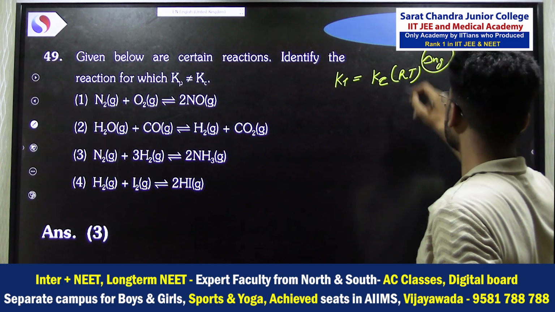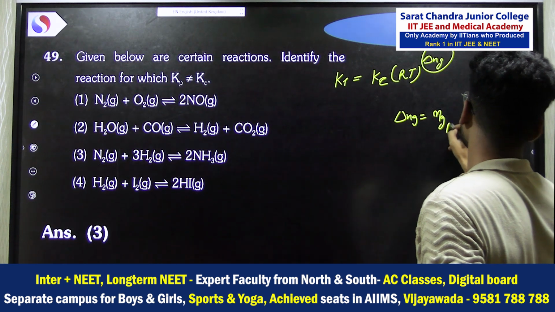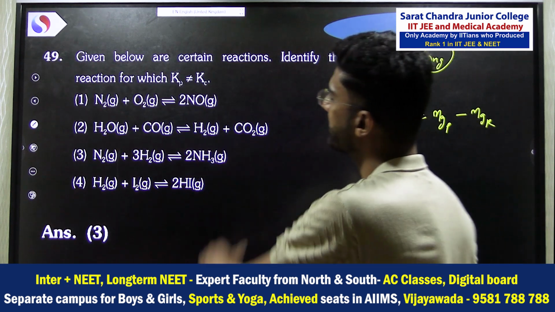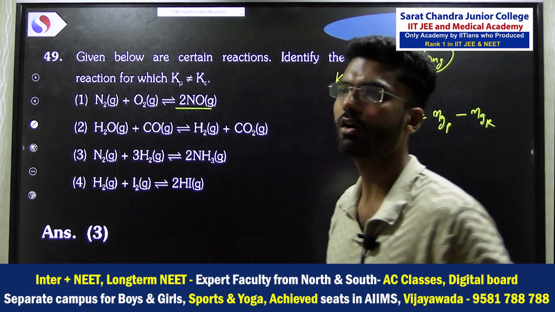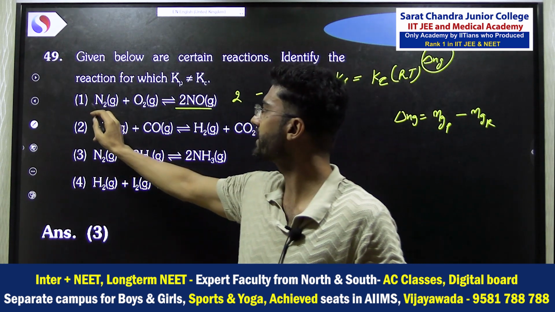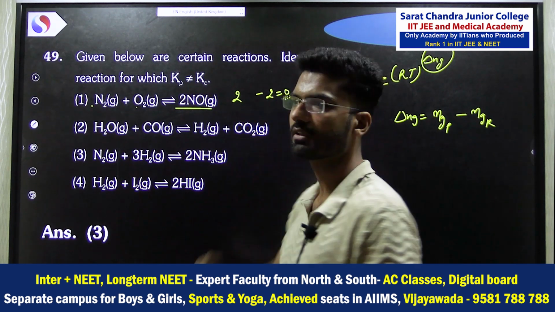So what is delta ng? Delta ng is nothing but number of gaseous product moles minus number of gaseous reactant moles. You can see in this reaction, on the product side, how many gaseous molecules are there? 2. On the reactant side, 1 and 1, that is 2. So 2 minus 2 equals 0.